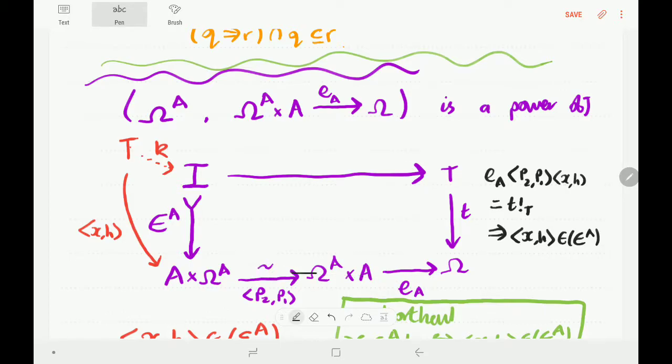But more precisely, we don't just pull back over the evaluation arrow, we pull back after the evaluation arrow after this twist. Okay, just to make the things match up properly.